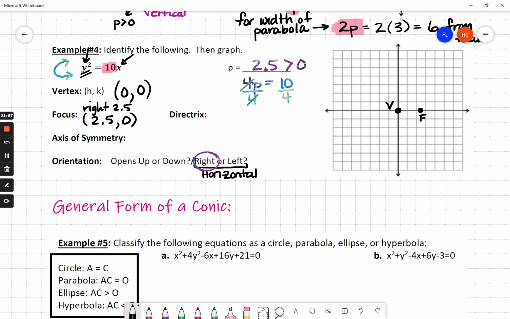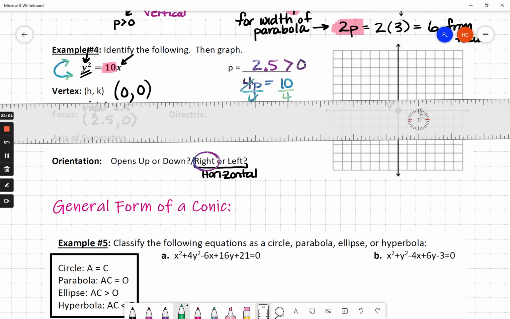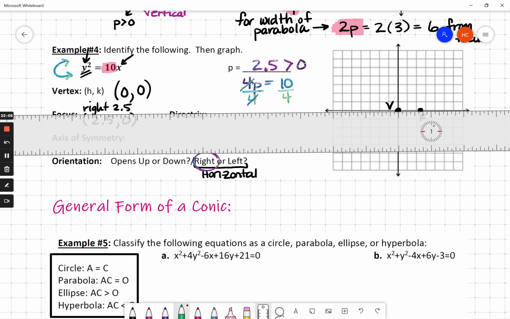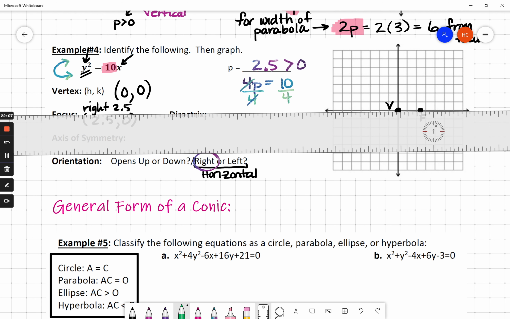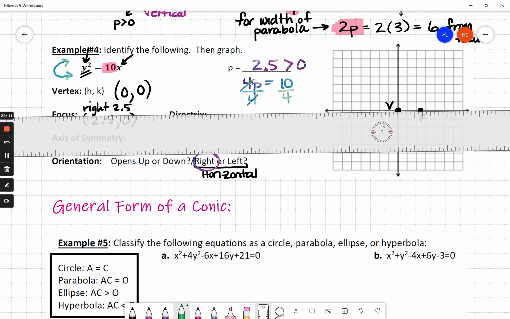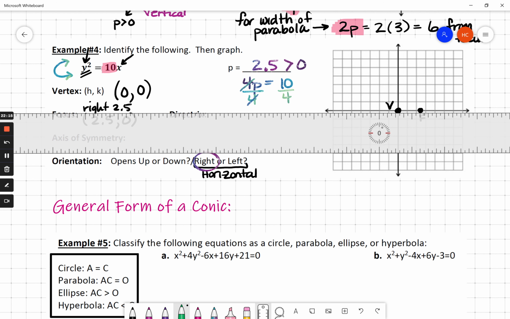The axis of symmetry is going to be the line that goes through the vertex and the focus. So in this case, my graph is going to be horizontal. There we go.